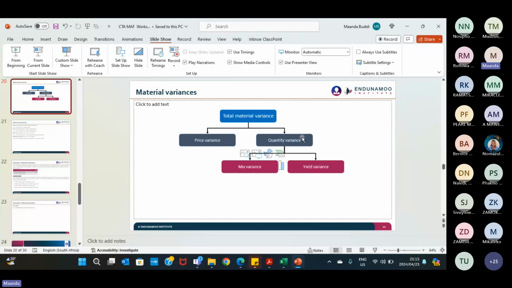So now our yield has changed. Remember back then I said, if I take 4 oranges to fill a cup, and now I take 5 oranges to still fill the same output, it means my yield changed. So now I want to determine, is that the cause, or is the cause the mix of the two? If I add both of these, they should go back to my quantity variance. So these two are an extension of the quantity variance, just going deeper into the quantity variance.